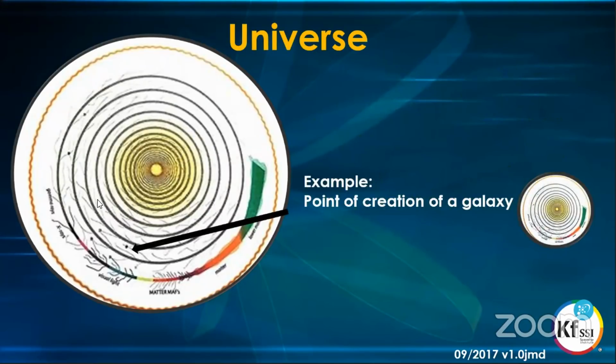Now, to understand a bit further how we fit into all of it, if we take a look at the universe, at that particular point, we have a creation of a galaxy. Now, that galaxy is also a plasma and also has a spiral.